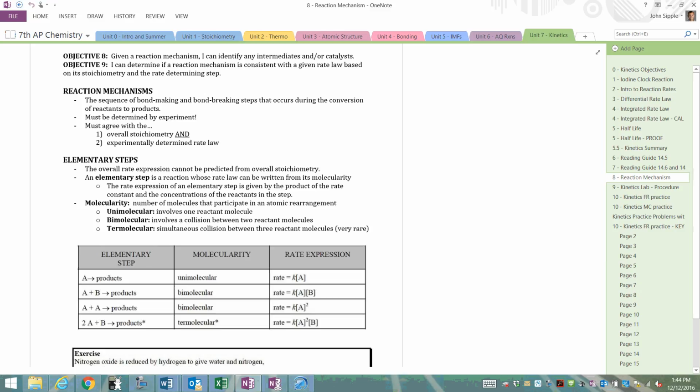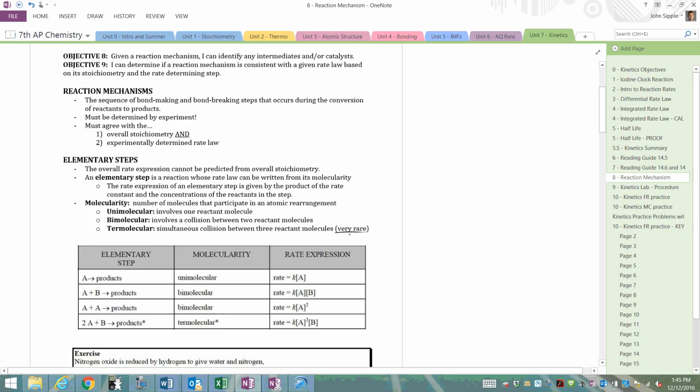Now, one thing I would say about termolecular, and this is one of the questions on the reading guide: it's very rare because you have all 3 things colliding in the proper orientation with enough energy of activation. It's hard enough for 2 things to collide with each other with both of those caveats, with collision theory.